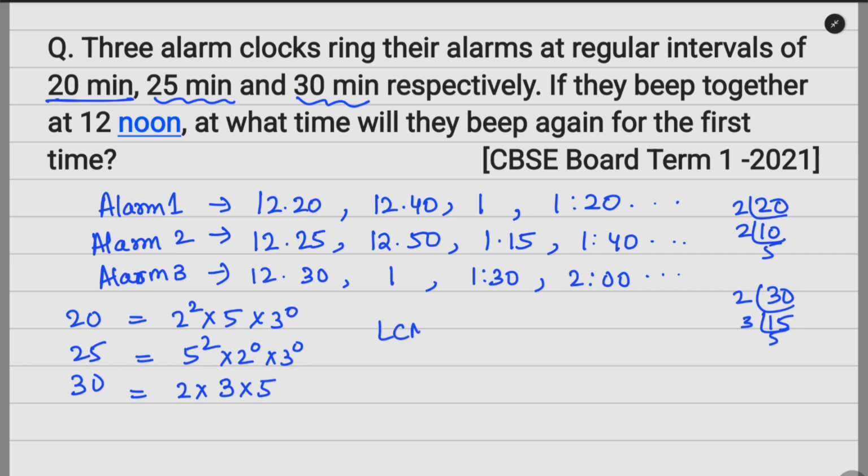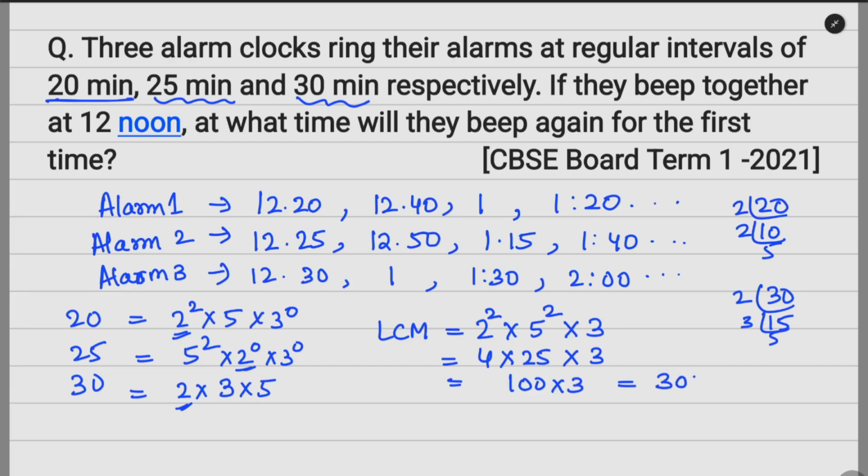Now take the LCM. For LCM, you have to take the highest power. So for 2, the highest power is 2 to the power 2. For 5, the highest power is 5 to the power 2. And for 3, it is just 3. So if you solve 4 into 25 into 3, 4 into 25 is 100, 100 into 3, which is nothing but 300 minutes.